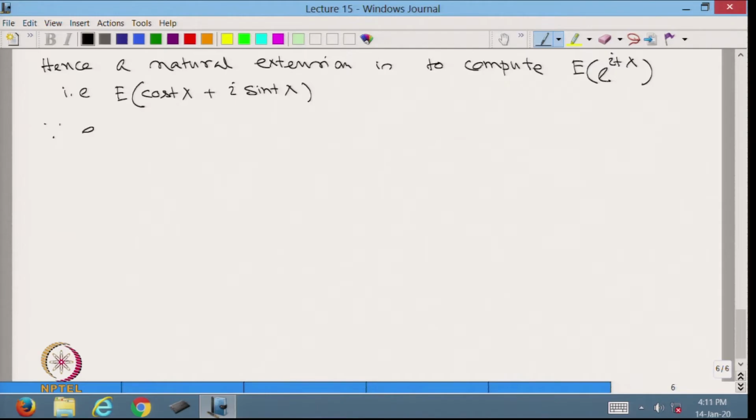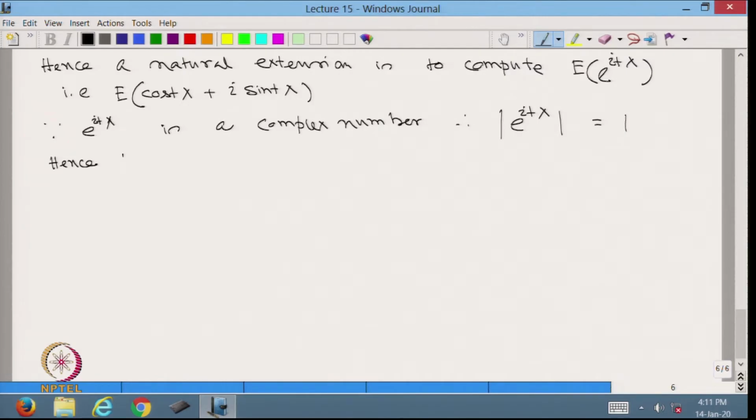Since e to the power i t x is a complex number, the modulus of e to the power i t x is equal to 1.